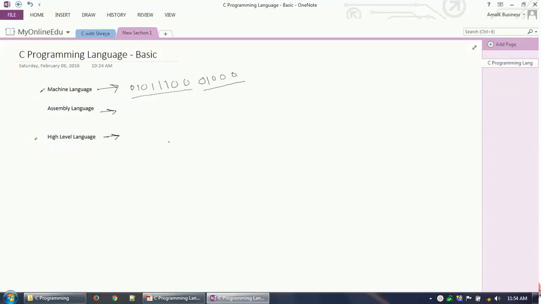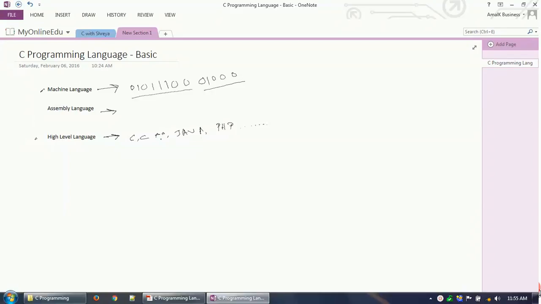For example, if you write a program in Java, C++, C or PHP, these are called high level languages. Hundreds of programming languages are there, which represent the high level language.